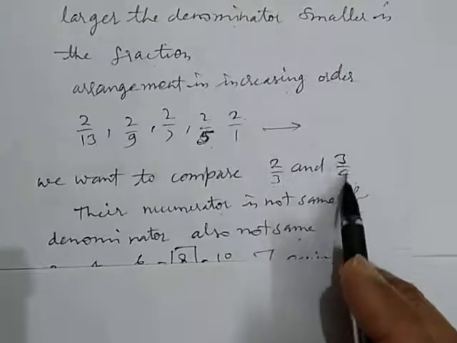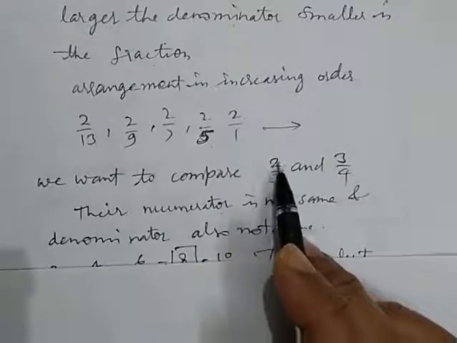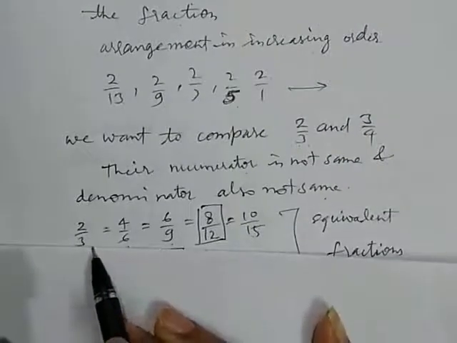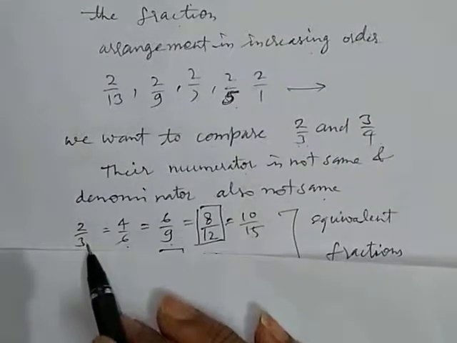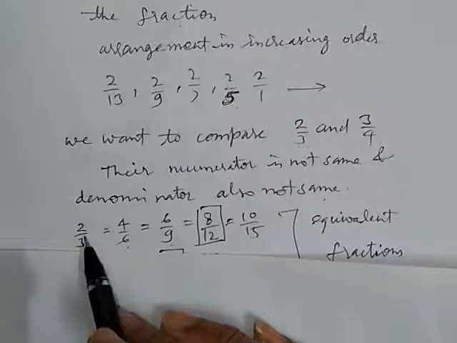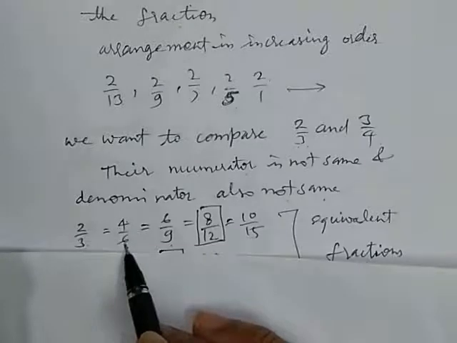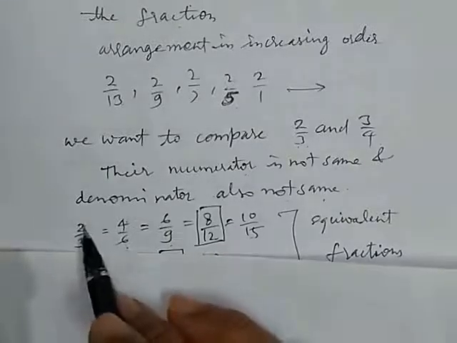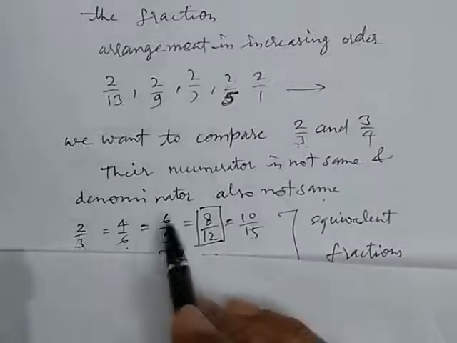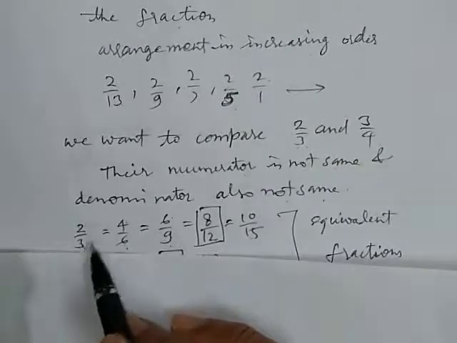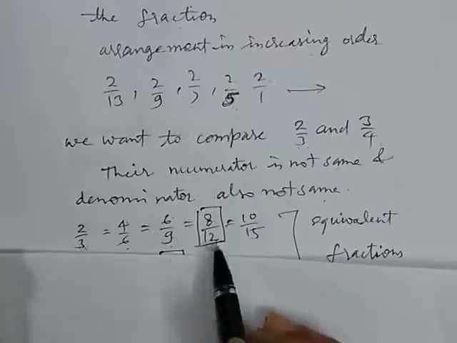First we find the equivalent fractions of both fractions. First we start finding equivalent fractions of 2 by 3. By multiplying 2 to numerator and denominator we get 2 twos are 4, 3 twos are 6. Now by multiplying by 3, 3 twos are 6, 3 threes are 9. By multiplying by 4, 4 twos are 8, 4 threes are 12.